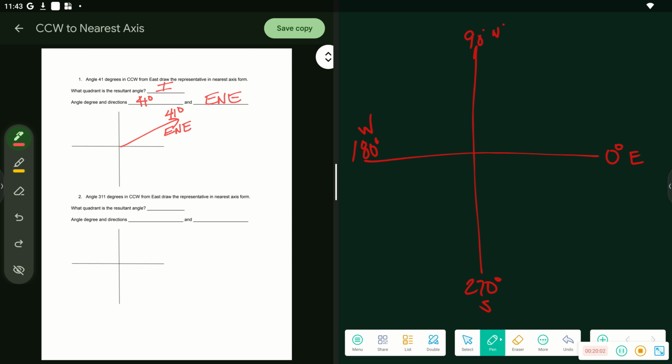Tell me when to stop. So it's 311 degrees. What quadrant? Fourth. Good.